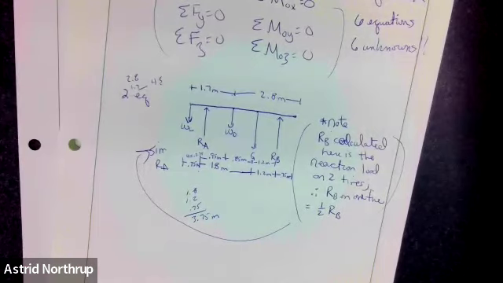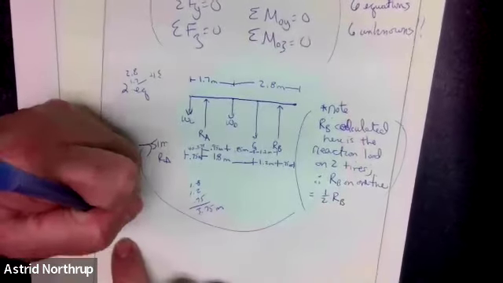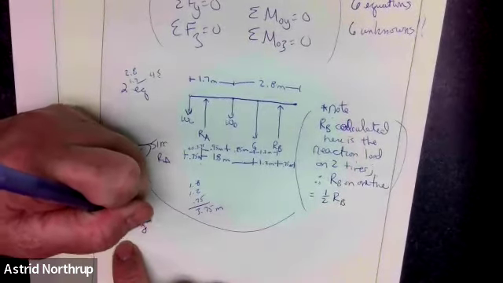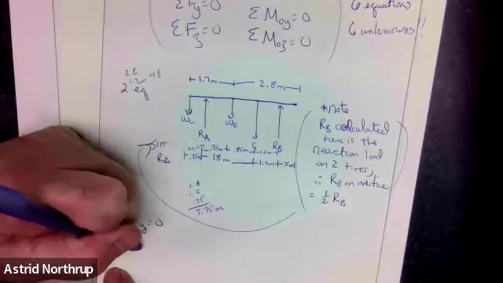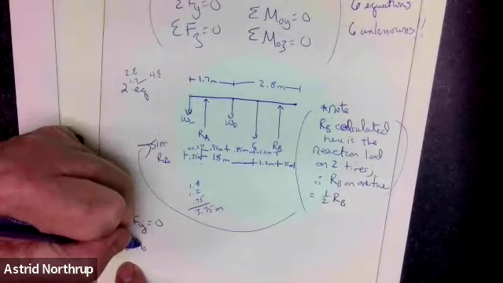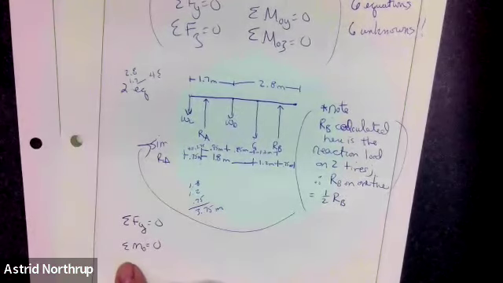But now I could go ahead and finish this problem. You could say summation of forces in Y equals 0, and then the summation of moments about any given point also has to equal 0.